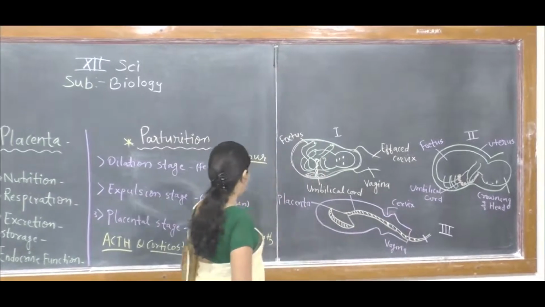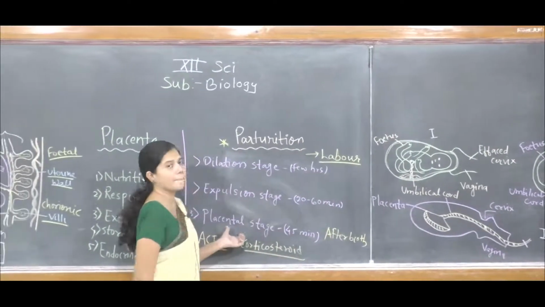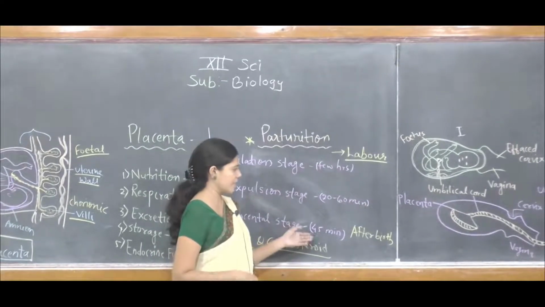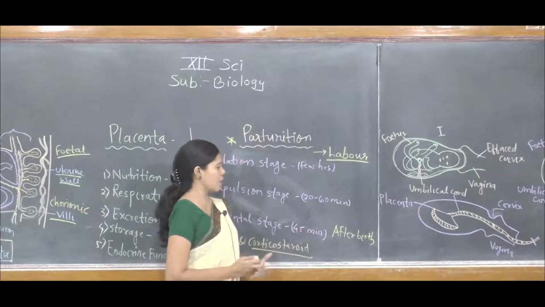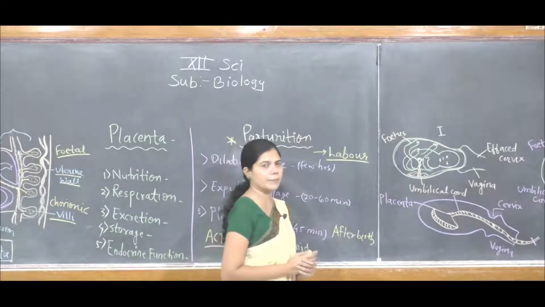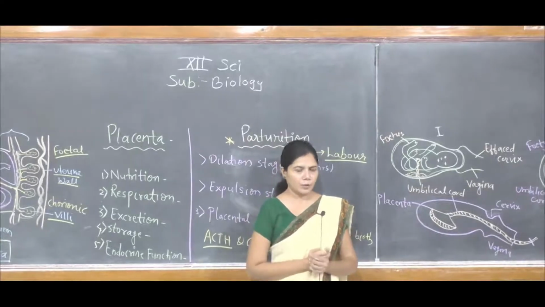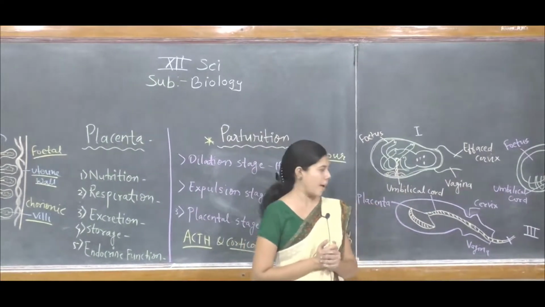Now the third stage, after the birth, is the placental stage. The placental stage is known as the afterbirth. The duration of the placental stage is 45 minutes. In this stage, what happens?